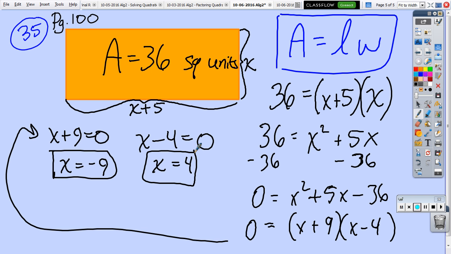Now, Devin, you said that you got x equals 4, right? Yes. Why did you say x cannot equal negative 9? Oh, okay, you just went through some values of x. So Devin, you started with 1, I'm guessing, and kept doing the multiplication: 6 times 1 is 6, 7 times 2 is 14.